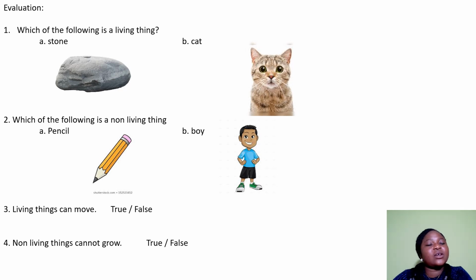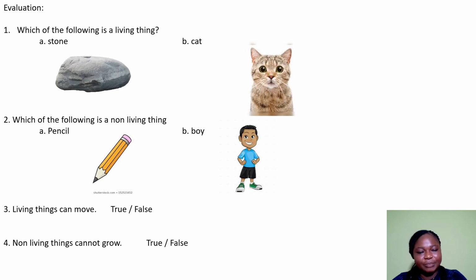Let me take our evaluation questions again. Number 1. Which of the following is a living thing? A. Stone. B. Cat. Number 2. Which of the following is a non-living thing? A. Pencil.